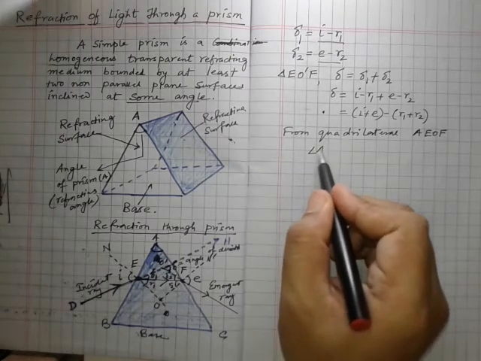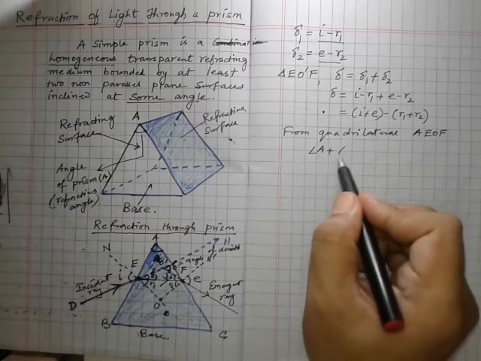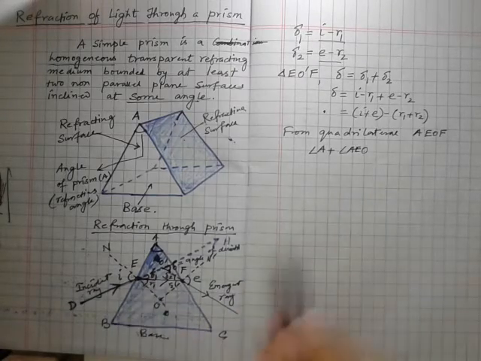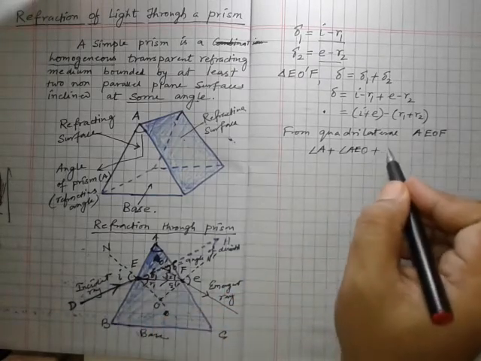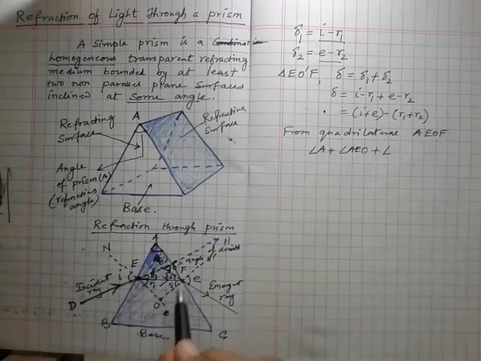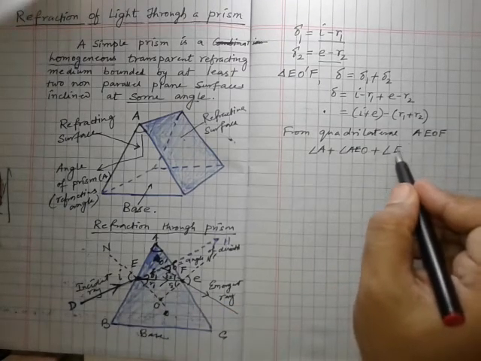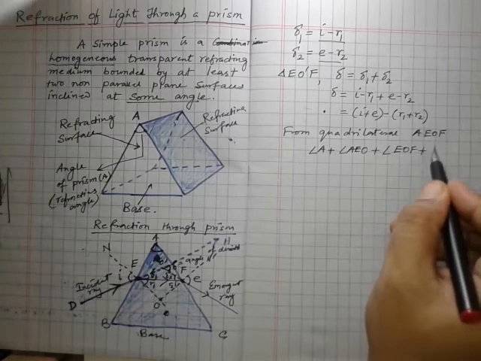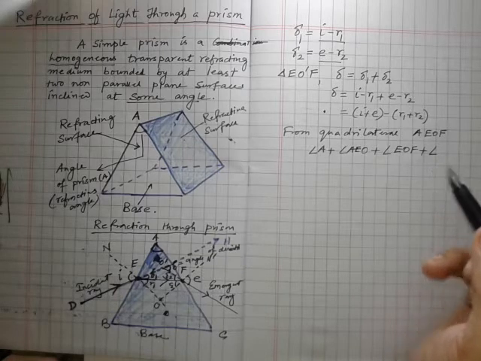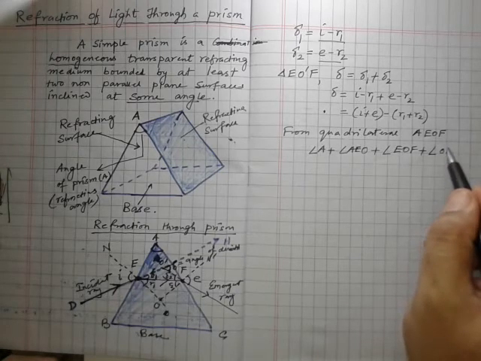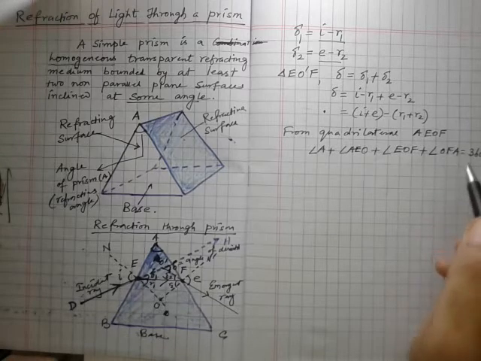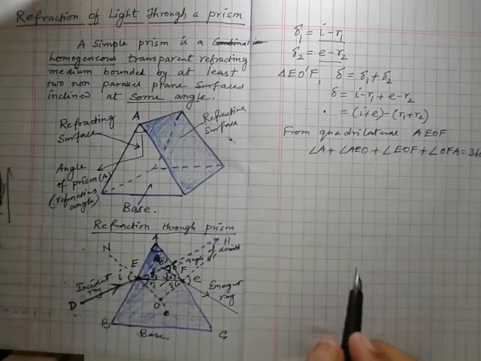So angle A plus angle AEO, plus angle EOF, plus angle OFA, is equal to 360 degrees.